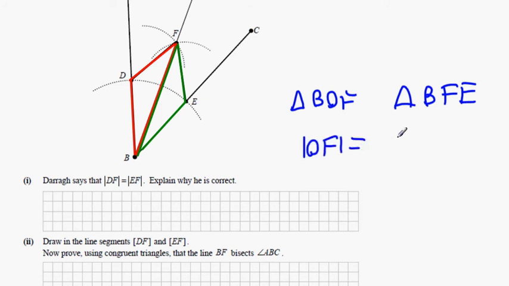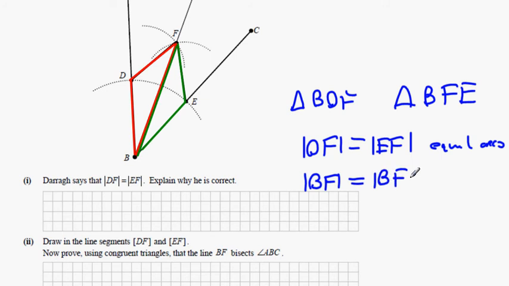equals EF, and the reason for that is equal arcs. They're equal arcs of the same construction. Then we can say that BF equals BF because it's a common side.